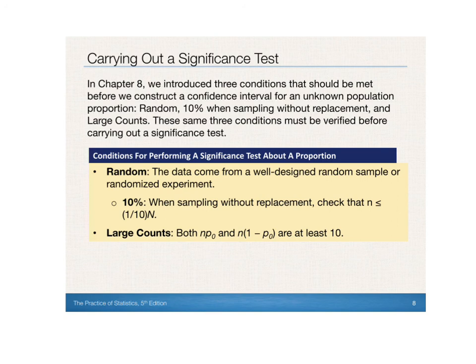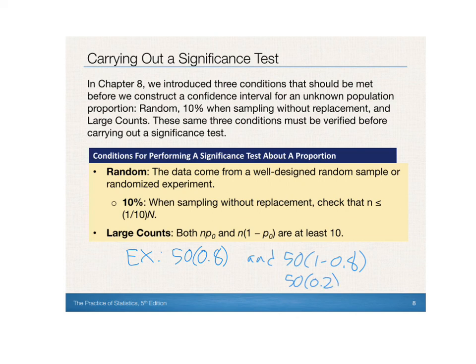For our example, we would have 50, because our sample size was 50, times p sub 0, that's the assumed value, 0.8, and we would have 50 times 1 minus 0.8, which really would simplify to 50 times 0.2.